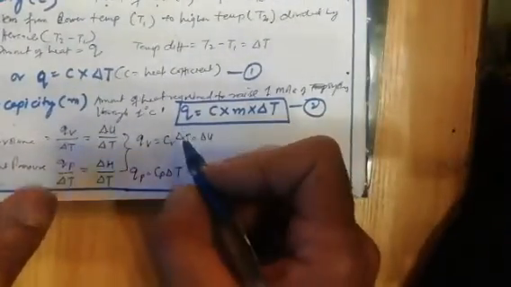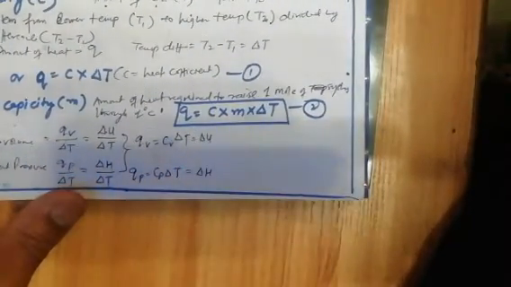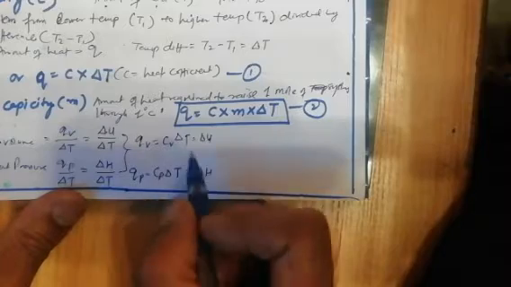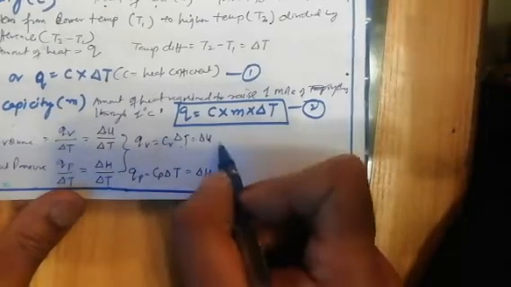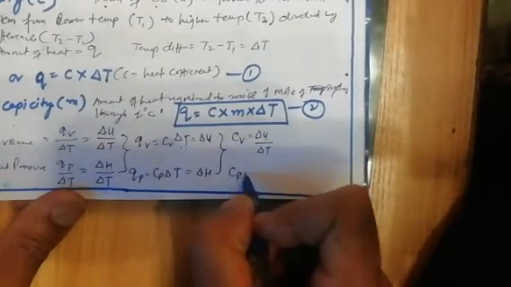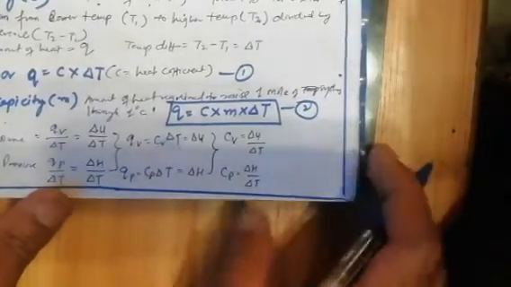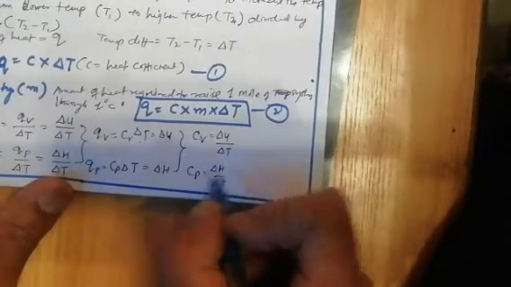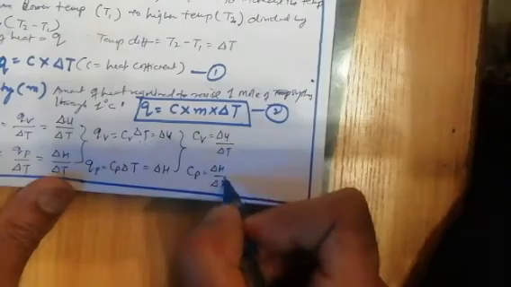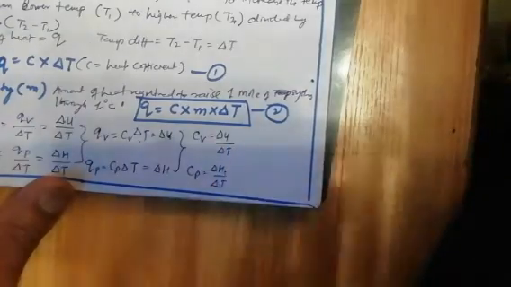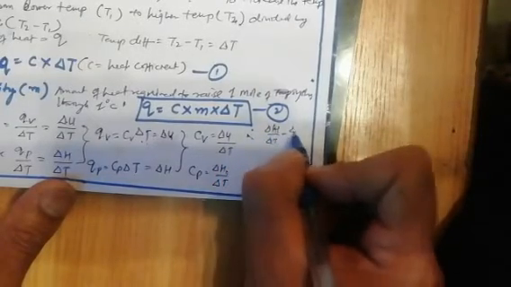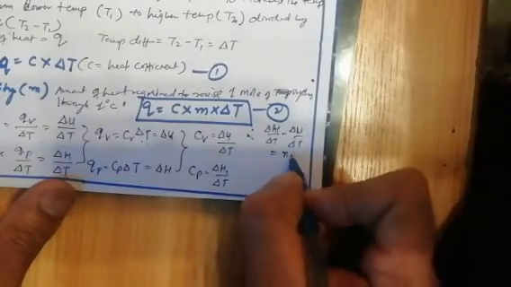Now you know very well that CV is equal to delta U upon delta T, and CP is equal to delta H upon delta T. So if we combine these two, delta H upon delta T minus delta U upon delta T is equal to nR.